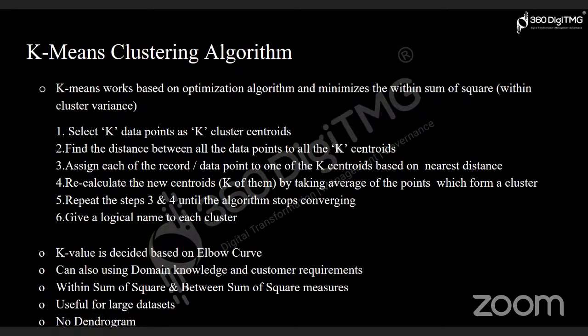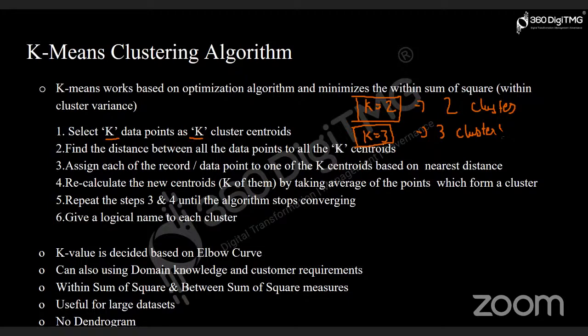So you select a k value. If you give k equals 2, you will get 2 clusters. If you give k equals 3, you will get 3 clusters. This is how you try to determine the ideal number of clusters.